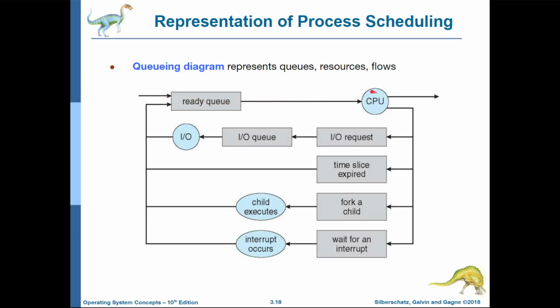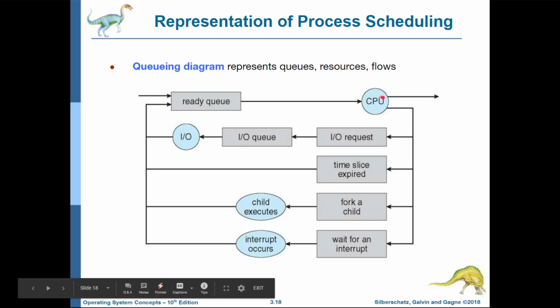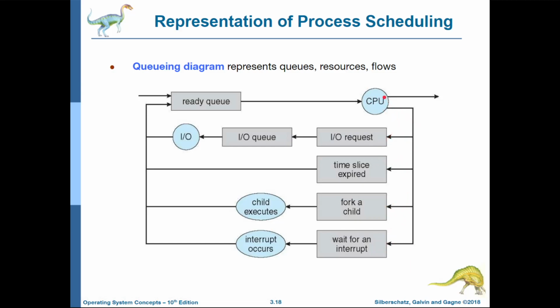But in general, the CPU will move a process from its running state into one of several different states, such as time slice expired. Let's say a timer interrupted the CPU and said that process is done. The process will run through time slice expired and end up in the ready queue again. A process can also execute an I/O request where the I/O is executed and it returns back to the ready queue.